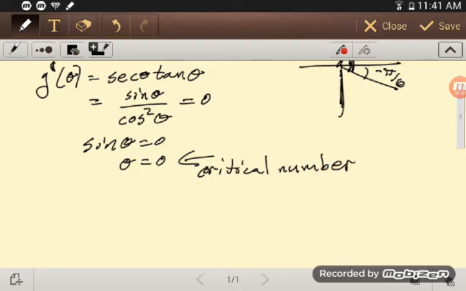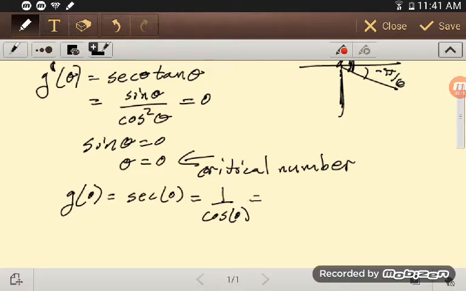So now we need to evaluate secant theta, which is 1 over the cosine, at 0 and the 2 endpoints. g of 0 is secant of 0, which is just 1 over the cosine of 0.